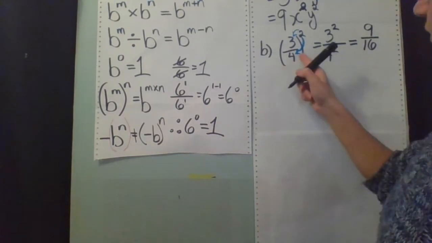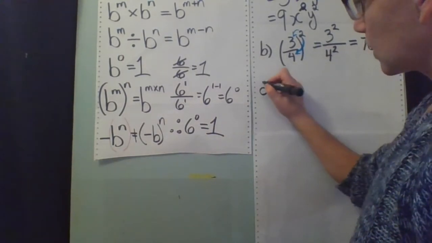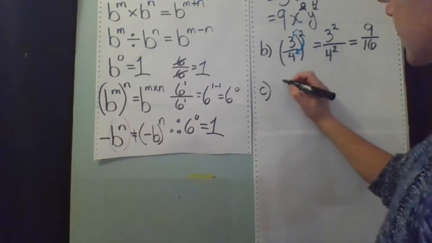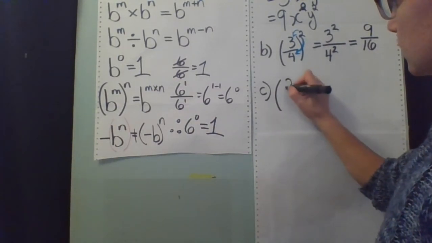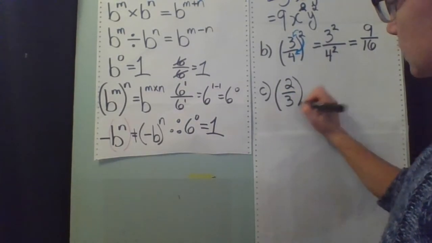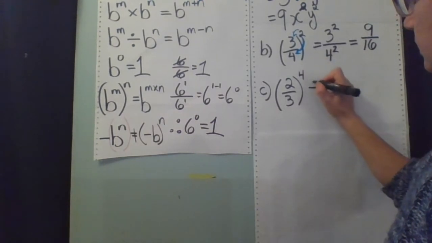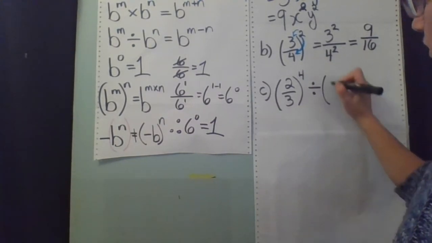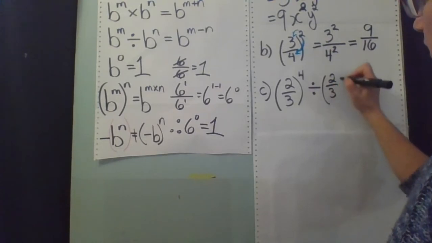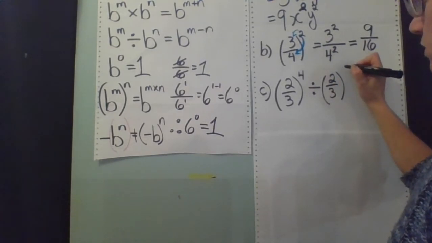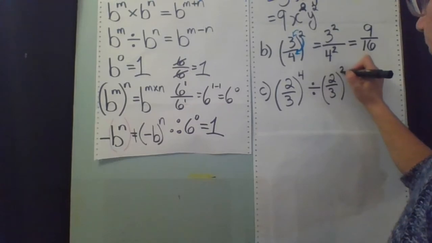All right, let's try another one like this, only let's make it a bit more complicated again. Let's say I have 2 over 3 to the exponent 4 divided by 2 over 3 to the exponent 2.